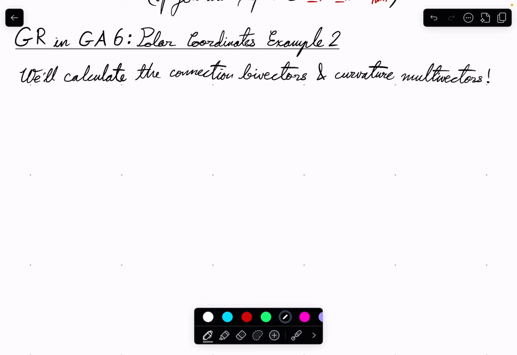So first, just recall the derived formula for the connection bivectors.